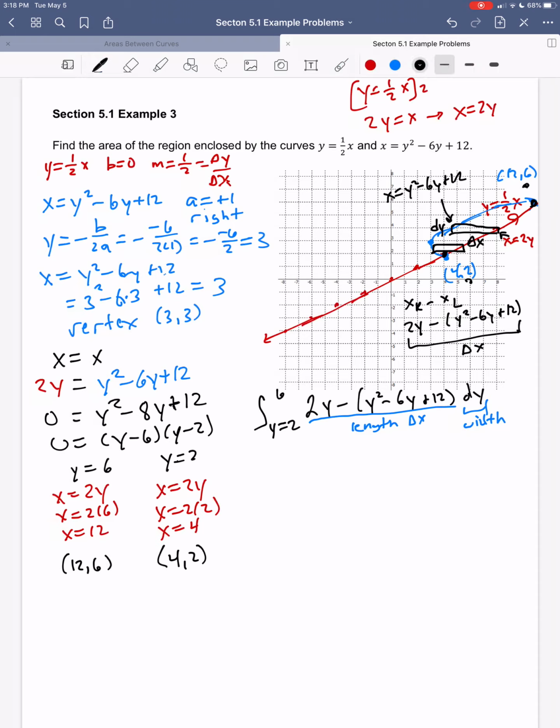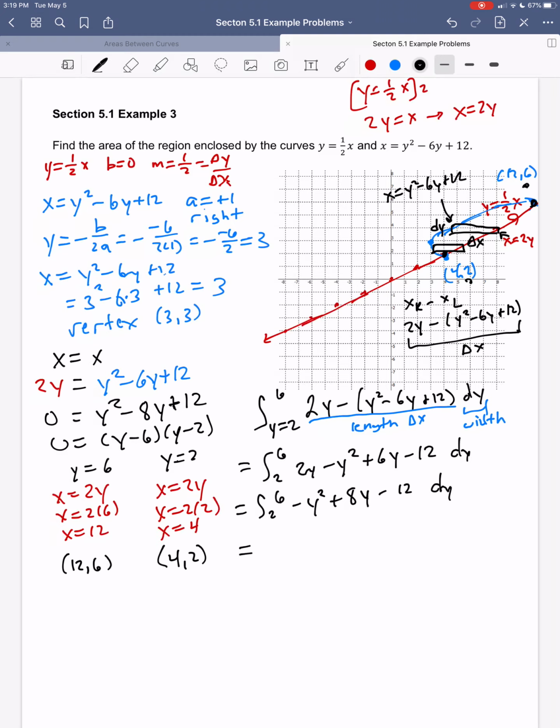So what do we get? Integral from 2 to 6 of 2y minus y squared plus 6y minus 12 dy. So integral from 2 to 6 of negative y squared plus 8y minus 12 dy.